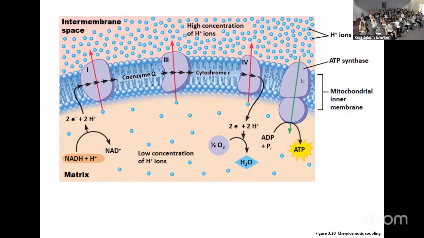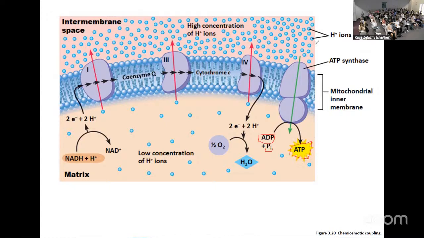As we allow those hydrogen ions to flow through, they phosphorylate our ADP, meaning they add on a phosphate ion. So here's our adenosine diphosphate with its 2 phosphate groups. Here's our free floating phosphate ion, and there's plenty of it in the matrix. By releasing this energy in the form of movement of hydrogen ions, we make ATP.